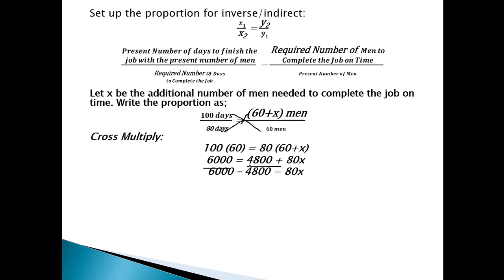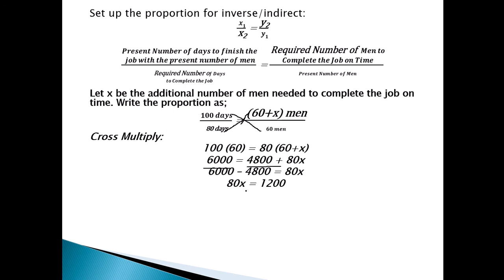As we apply the subtraction property of equality, it's like transferring the 4,800 to the left. When you transfer that, it turns from positive to negative. And then we subtract them. That's 1,200.